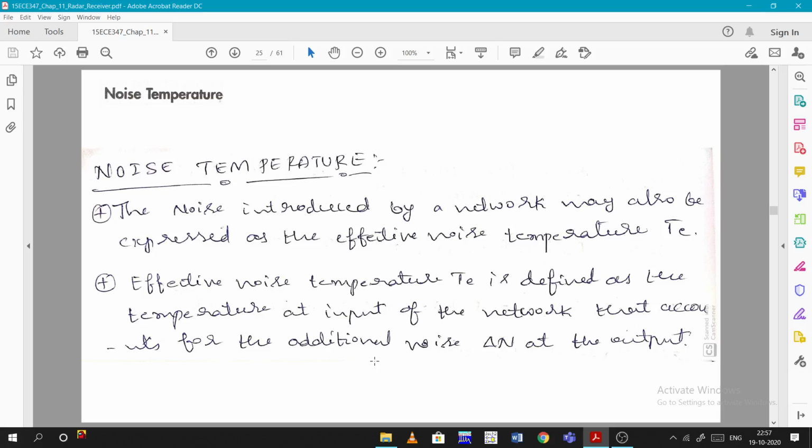Basically, it is the noise temperature present at the input that causes the additional noise ΔN at the output.